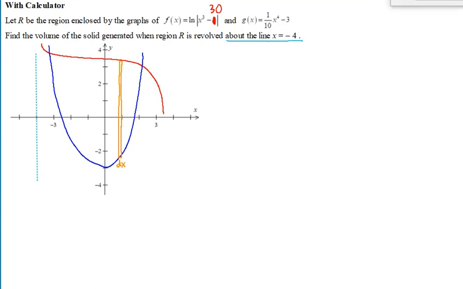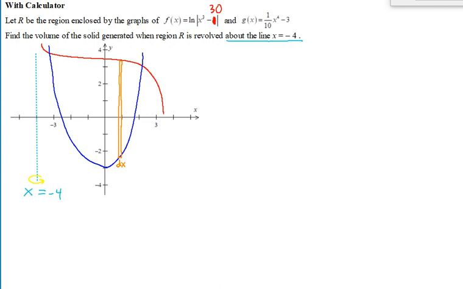So there's x equals -4. And that's what we're revolving this region around. So a little circular arrow. And again, you can see the axis of revolution and the rectangle are parallel, so it's the shell method.